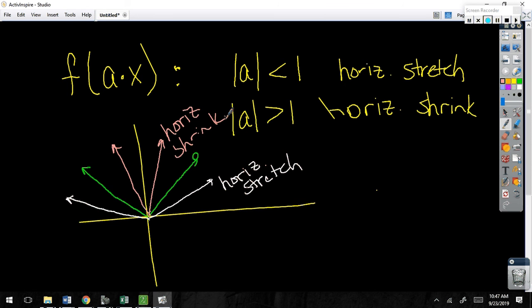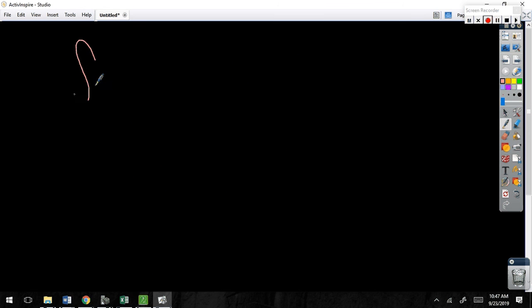So, of course, we're not going to just do one transformation. But let me just show you in general what this equation could look like.